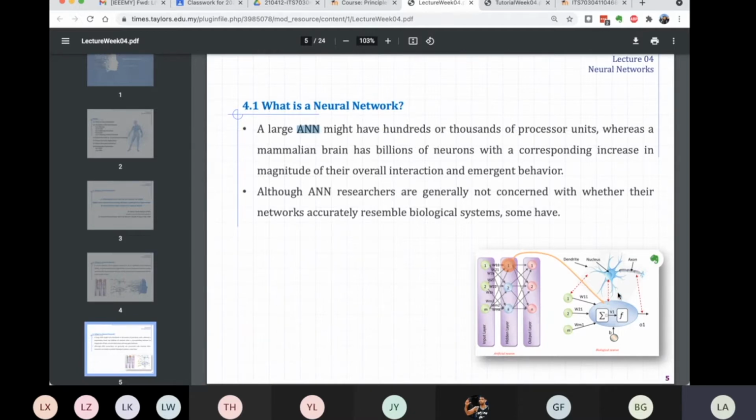So for the models that we form, we may have just hundreds or thousands of processing units compared to what we have in our brain. Although NN researchers are generally not concerned with whether their network accurately resembles a biological system, some may consider it as referring to the biological system of the human.